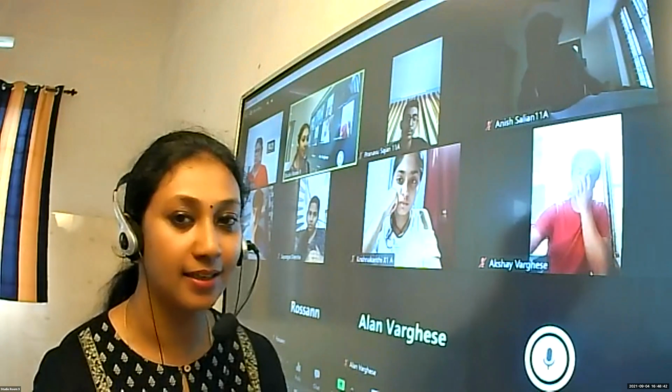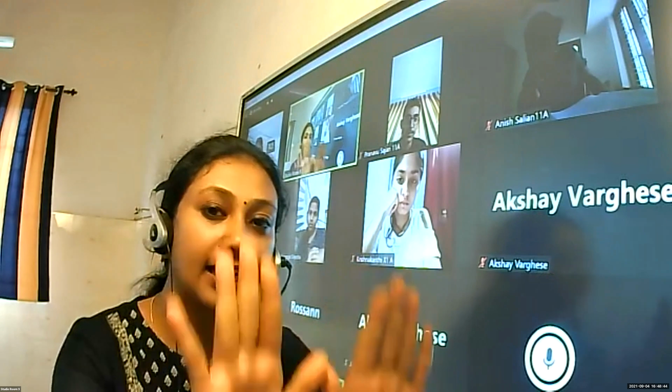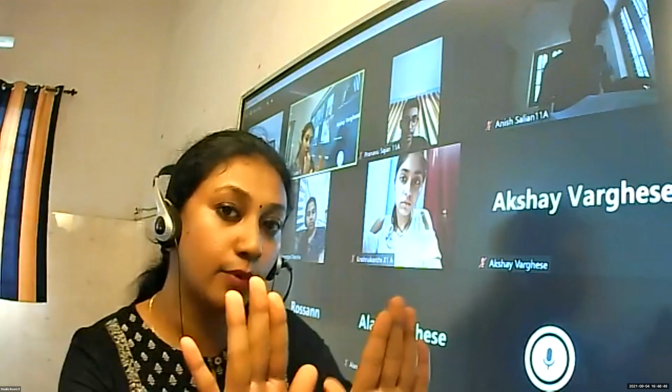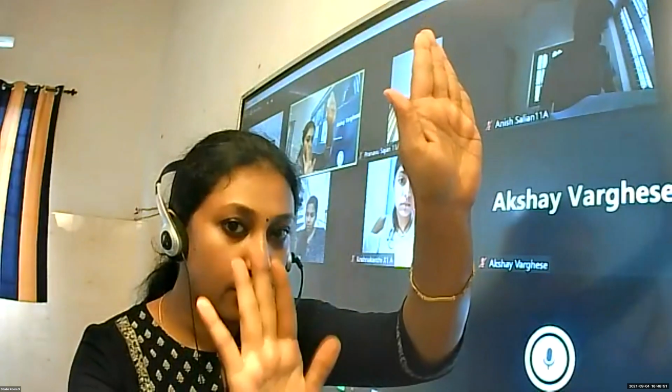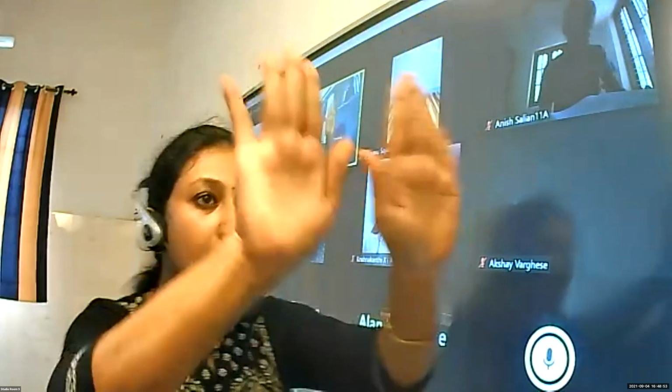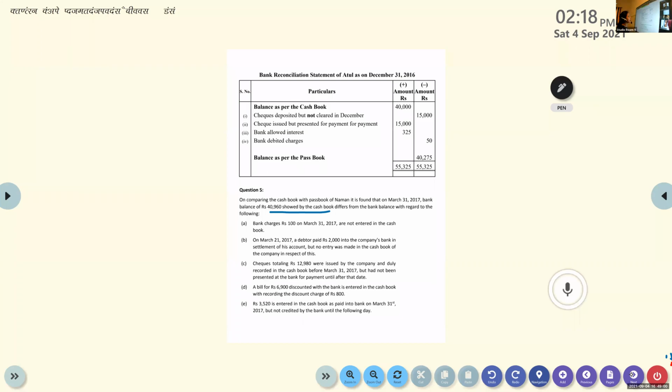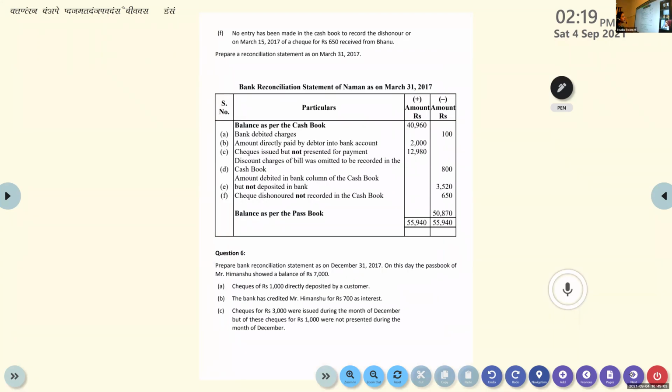The debtor went to the bank and directly deposited there. So what happened? The passbook shows an increase. The cash book is still down. Bring it up. So add it. How much should be added? 2,000 should be added because the debtor went directly to the bank and deposited there. So the passbook shows a greater amount.